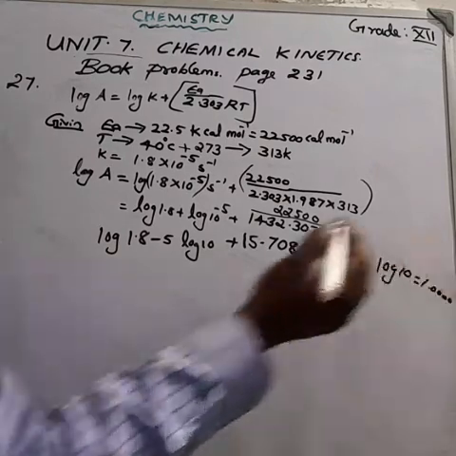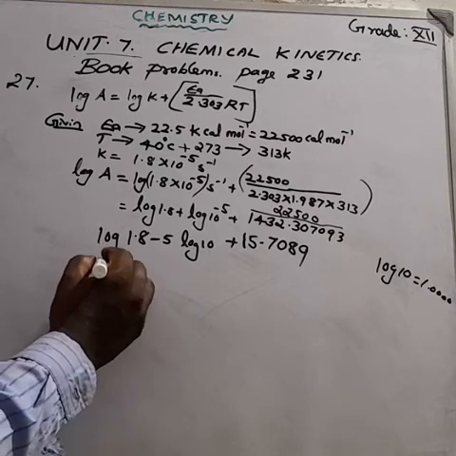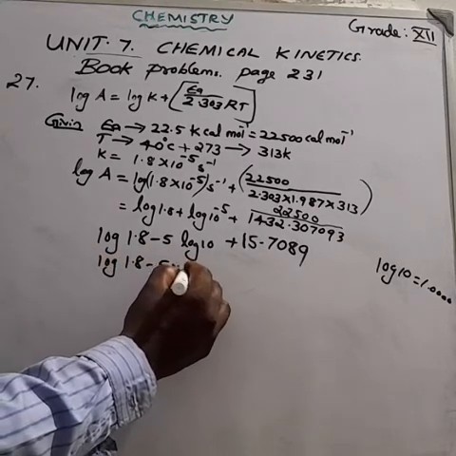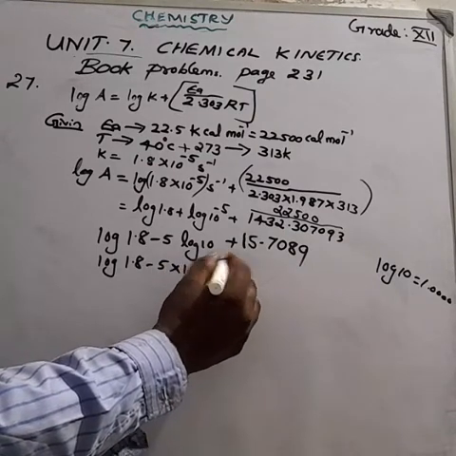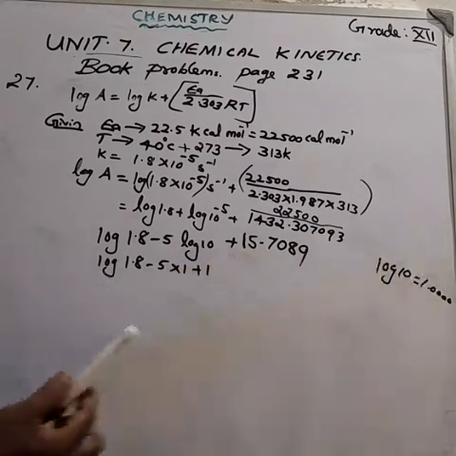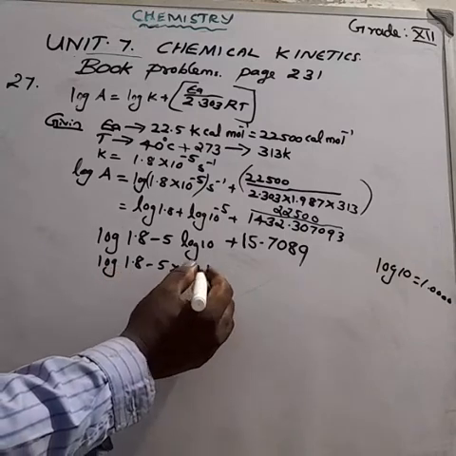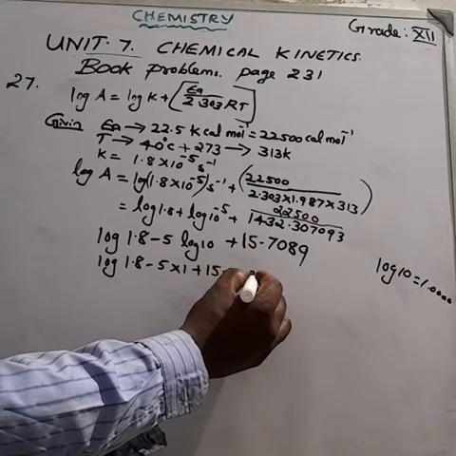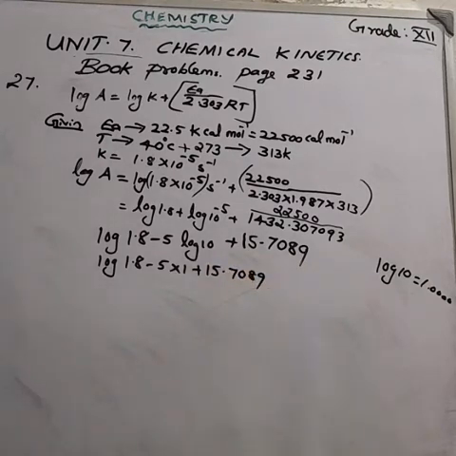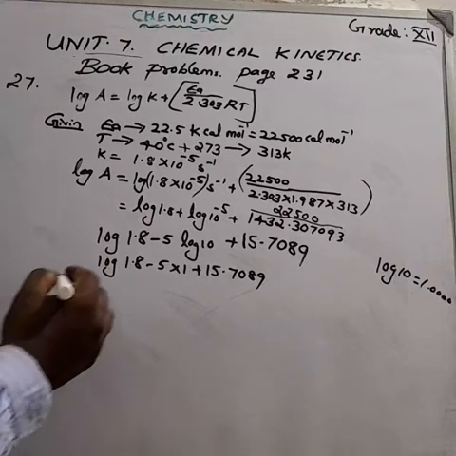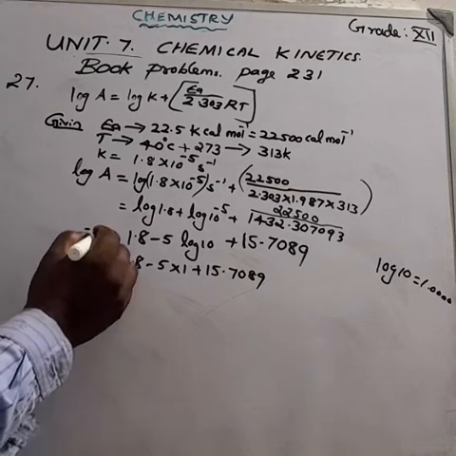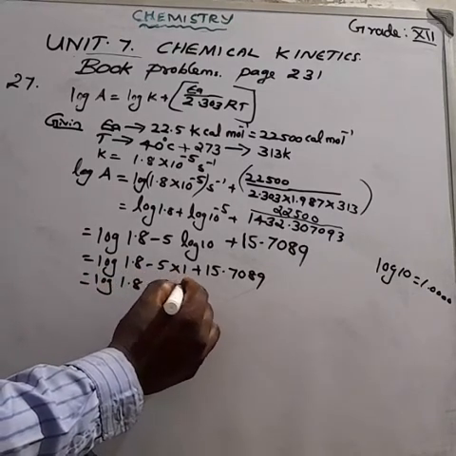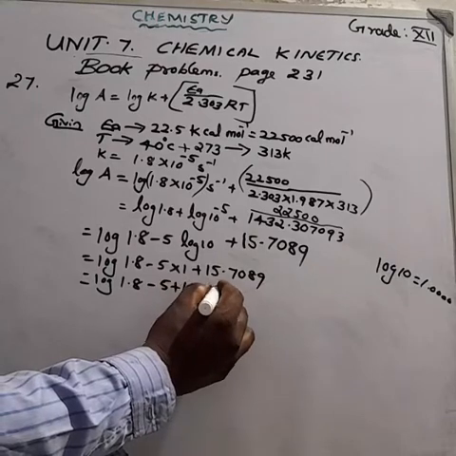So the next step, I write log 1.8 minus 5 into 1, that is the value of log 10, plus 15.7089.